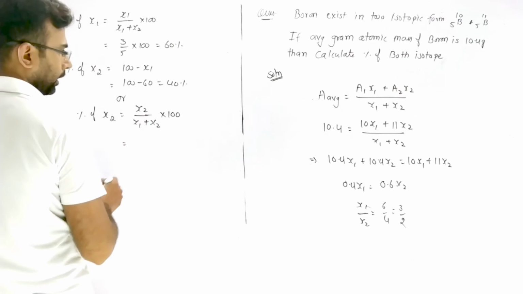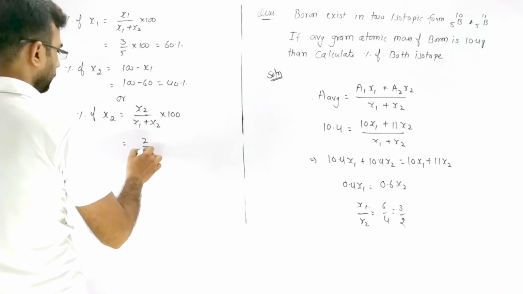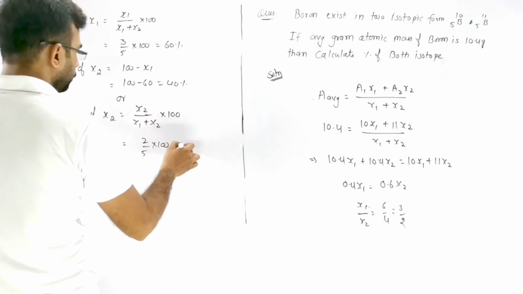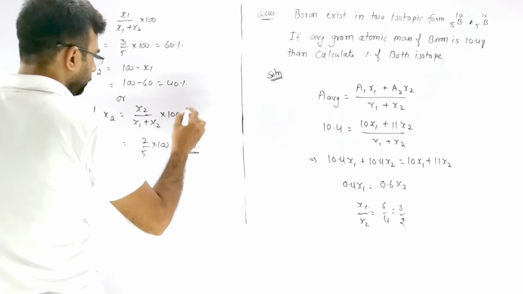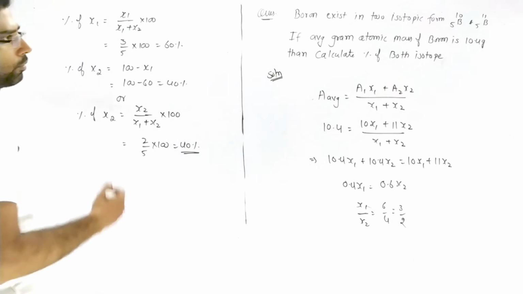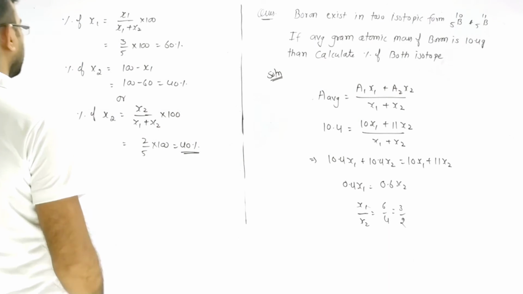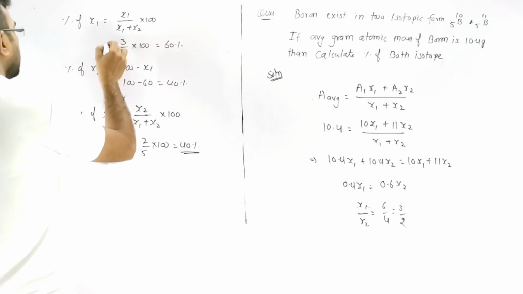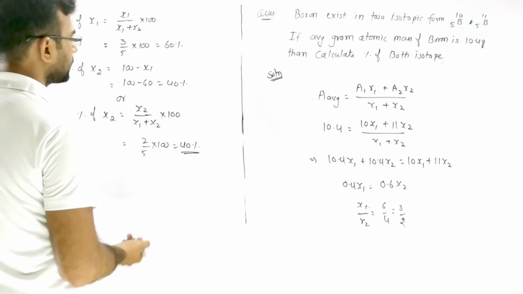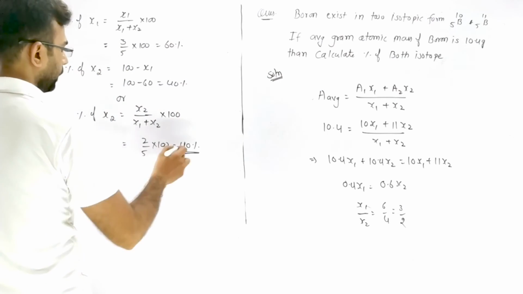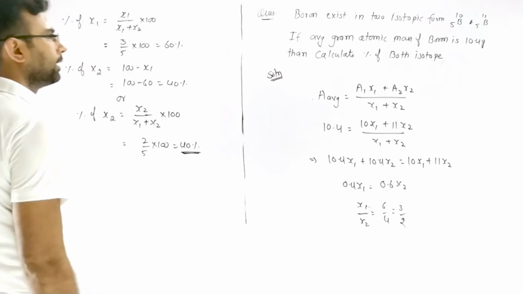On putting values, x2 is 2 divided by 5 into 100, and on solving we have 40%. So the 5B10 isotope is 60% and the 5B11 isotope is 40% in nature.